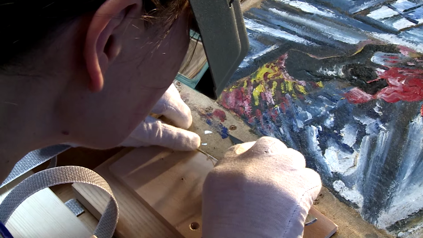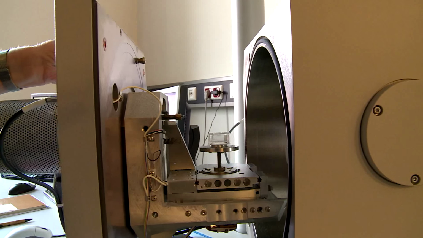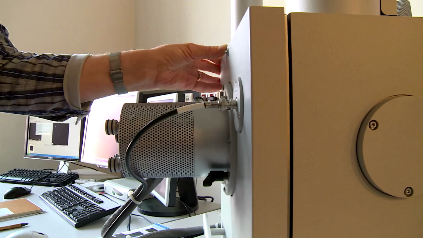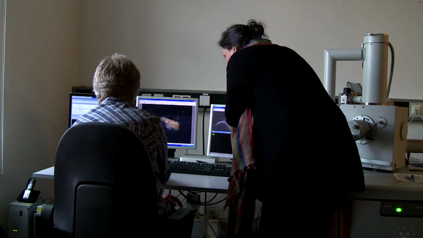Those particles are put either between two small glasses to be able to look at them under the microscope, or they're embedded in a resin, and then you can further analyze them.